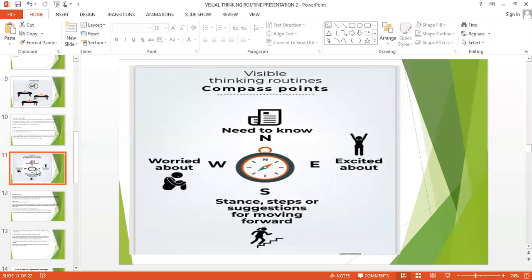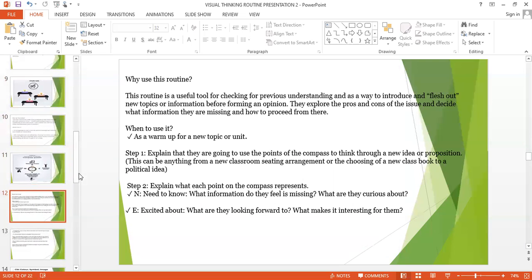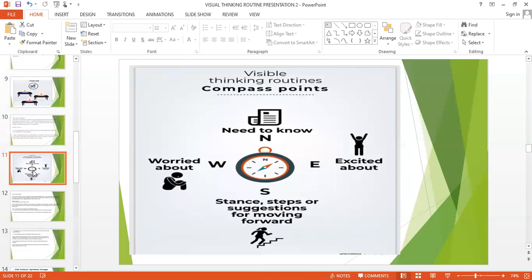Next visible thinking routine is compass point. As we know, a compass is used for knowing about direction, and it always shows us four main directions, that is north, east, south and west.